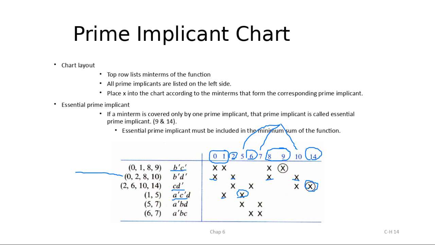When you take this one, it means you got this, you also got this. So the result is not B not C, C not D, and A B D. Let's see again.